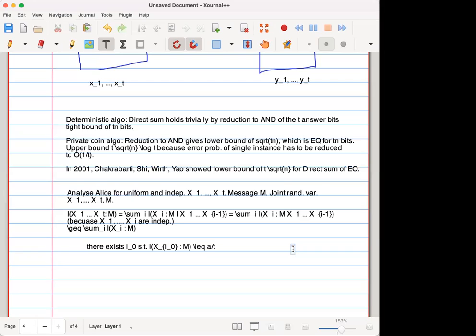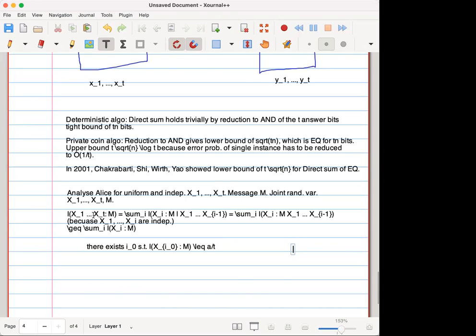Here is one reason why information theory is so useful for direct sum. That's already apparent here, and I guess this is really the main insight of those authors. Alice could have done a very clever encoding strategy. We have no control over the cleverness of Alice, but this mutual information has this direct sum property.